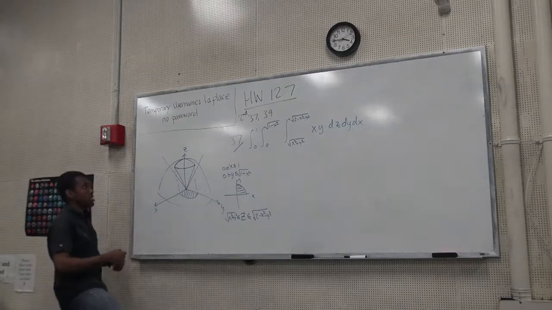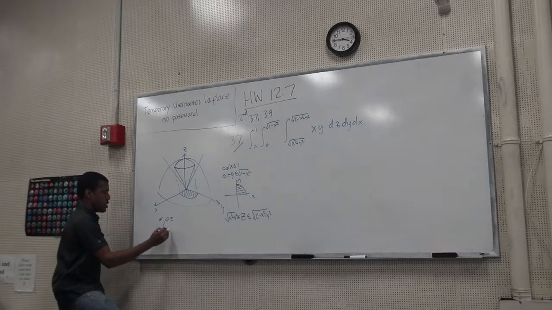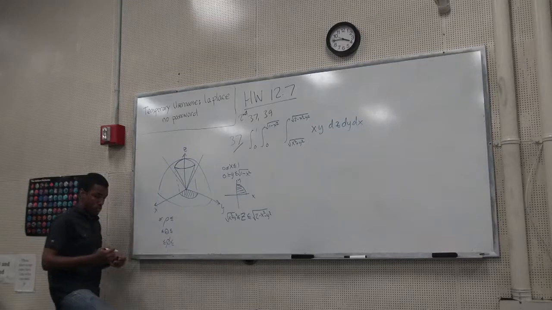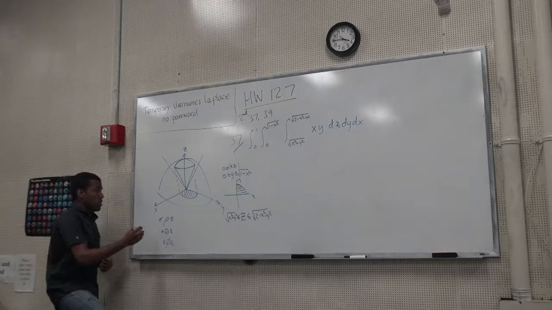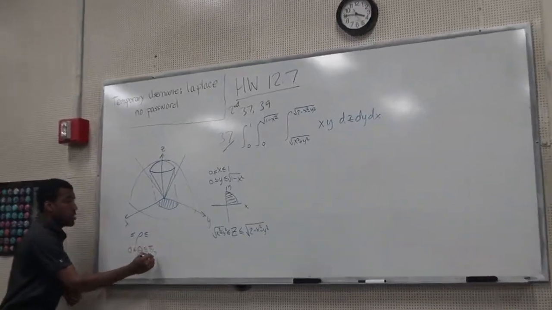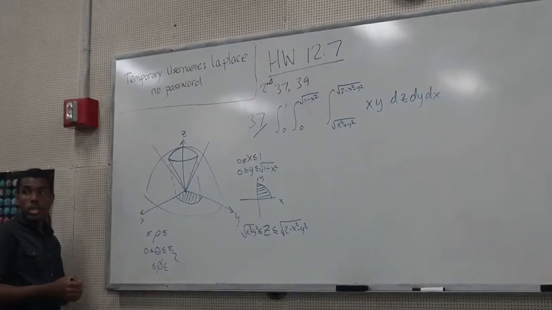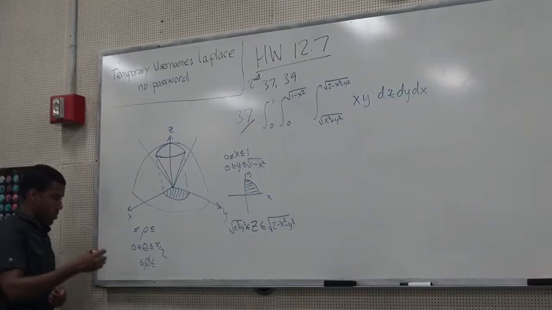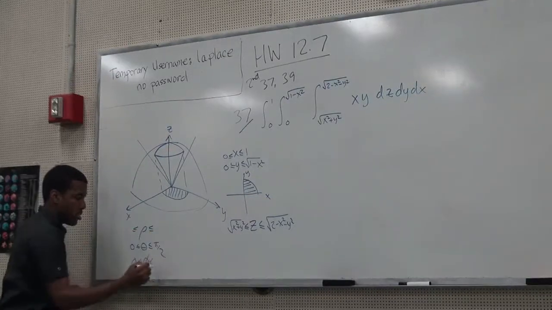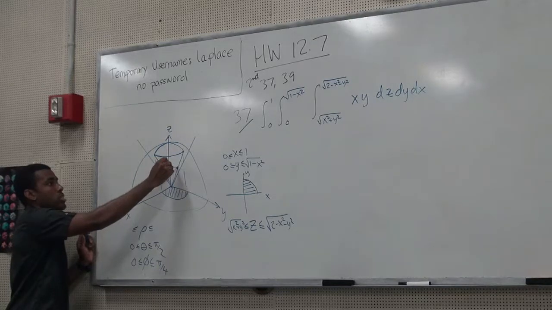So you should be able to tell me what is rho, what is theta, what is phi. Theta is 0 to pi over 2, which we got from here. What about phi? Phi is going to be 0 to pi over 4. Again, it's the standard cone, 0 to pi over 4, the angle that it makes coming down.